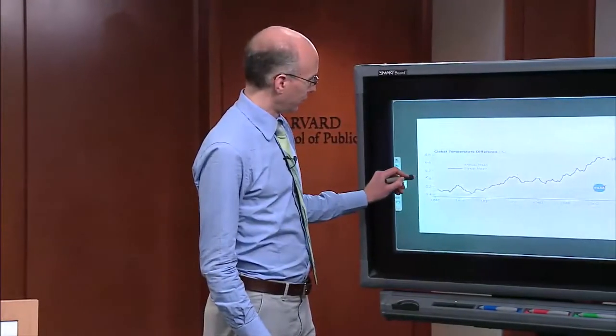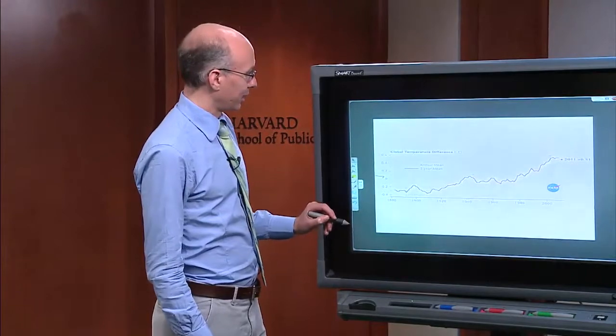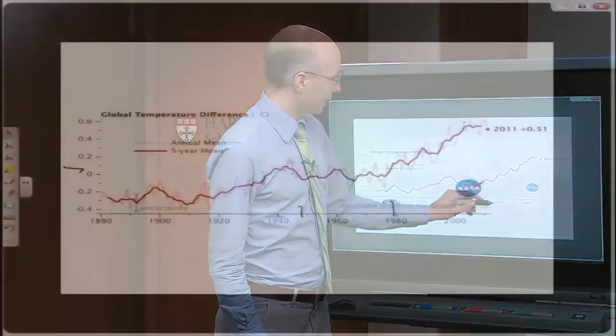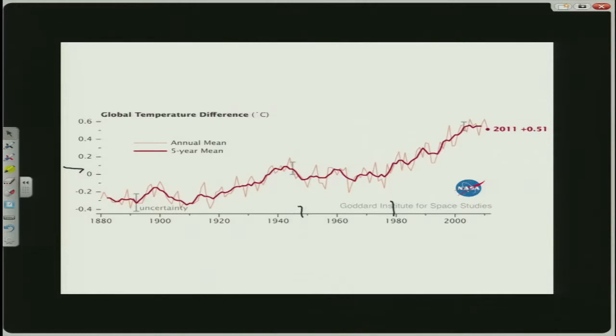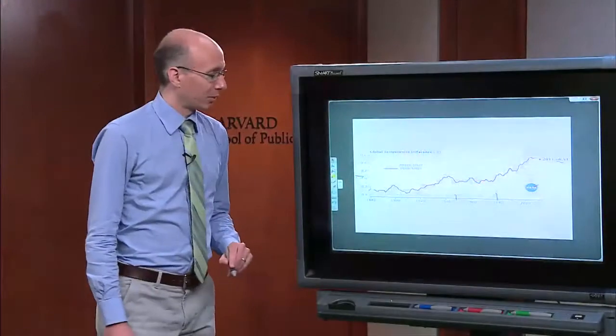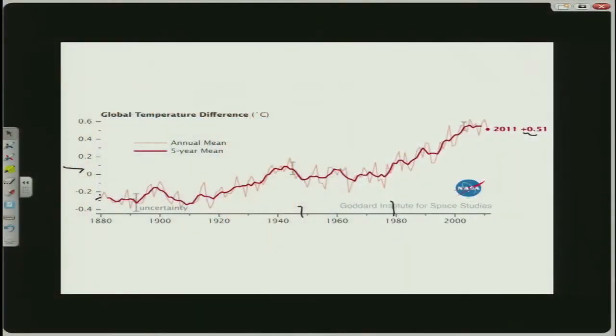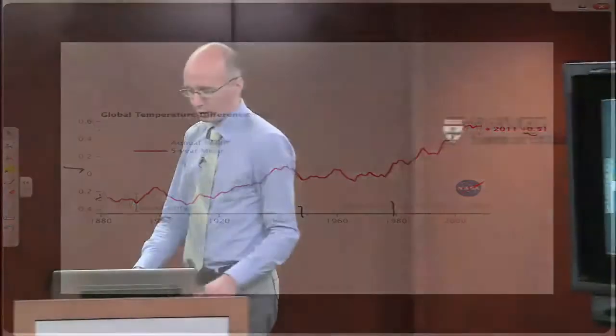So there's a zero over here, and that corresponds to the baseline period of about 1951 to 1980. Over this period of time, you'll see that the temperature has gone from about minus 0.3 degrees Celsius to plus 0.51 in 2003. So that's about 0.7 or 0.8 degrees of difference in the global average temperature over the last 130 years. So let's have another look at this data.